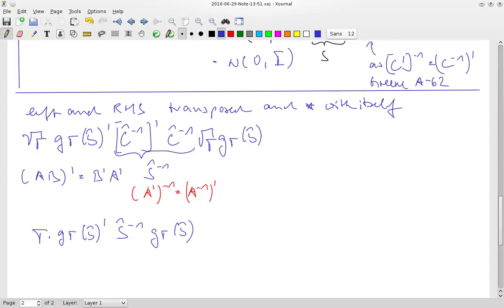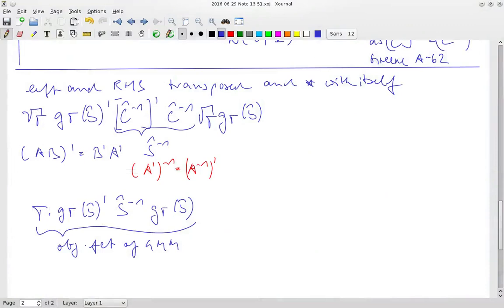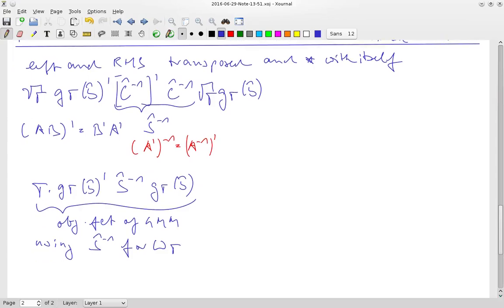Right, this is the objective function of GMM using S hat to the minus 1 for weighting, for W_T. And what I did is actually multiply this objective function by T.